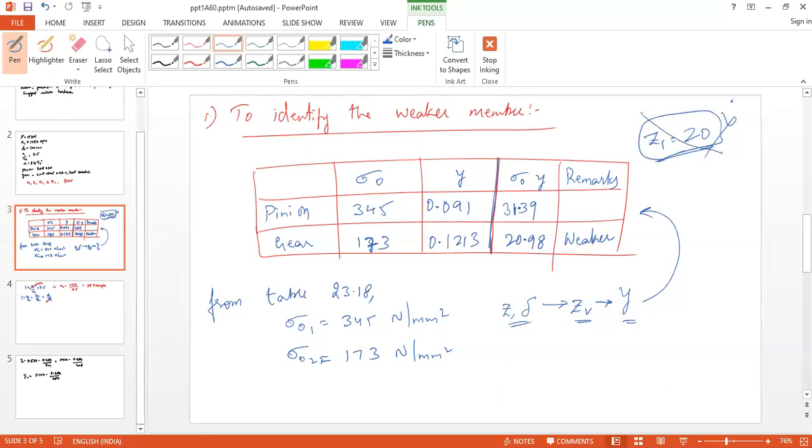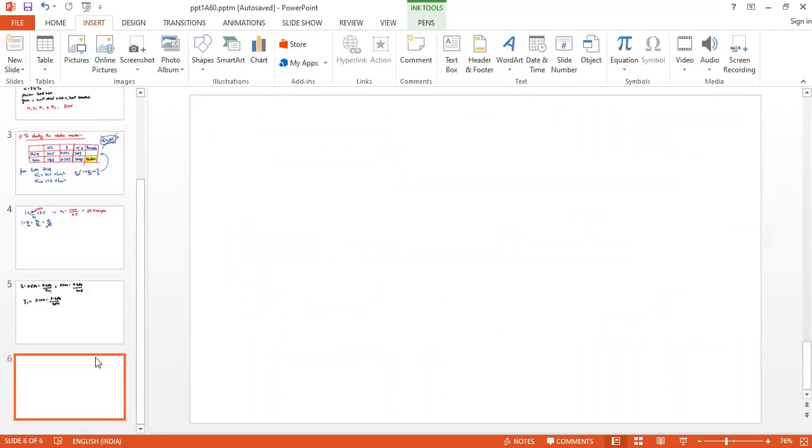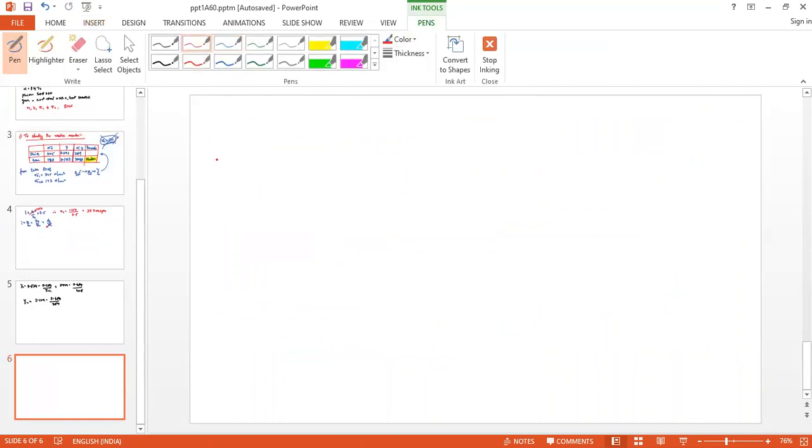It was just an assumption to identify the weaker member. That's all. Now we came to know that gear is the weaker member, so now we can continue with the further design. The further design is based on gear.